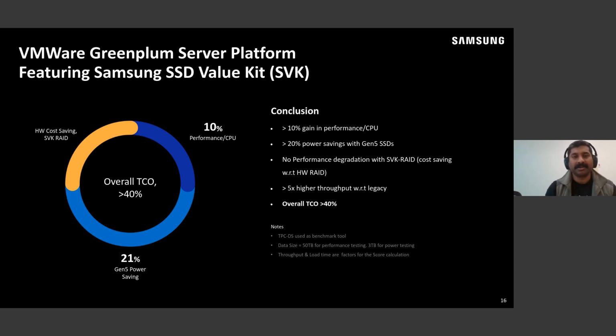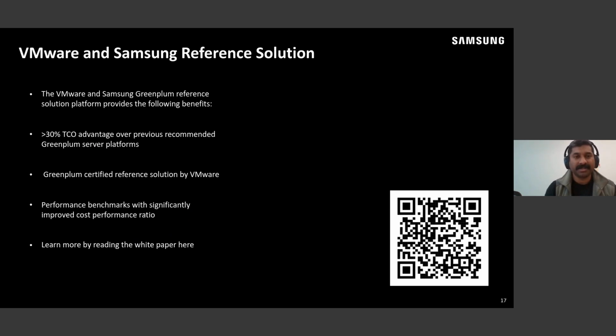We saw that it is almost 1.86 times better than the Gen 4 cluster. So you are definitely getting much higher IOPS with this machine.